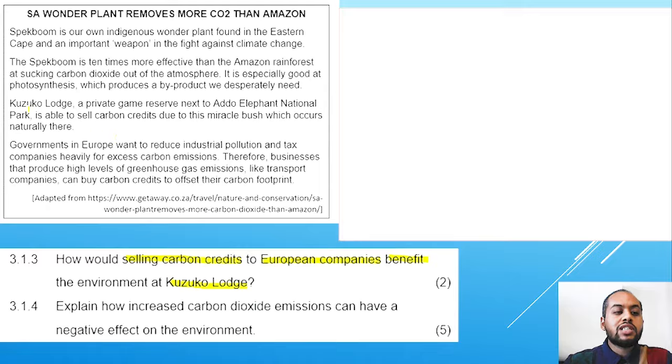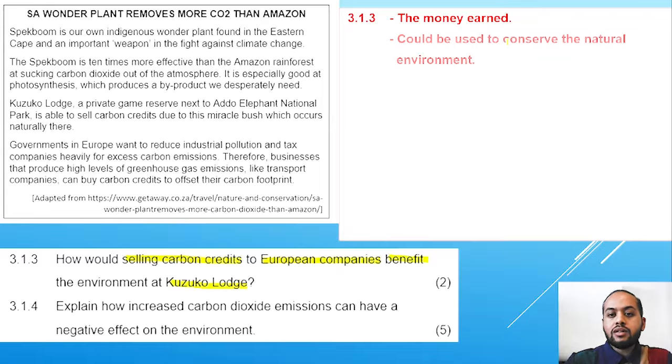So if you see here, it says the Kuzuko Lodge, a private game reserve next to Addo Elephant National Park, is able to sell carbon credits due to its miracle bush which occurs naturally there. So firstly, the money earned could be used to conserve the natural environment.